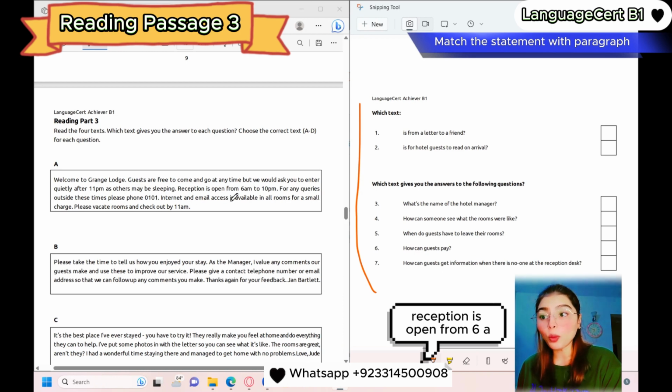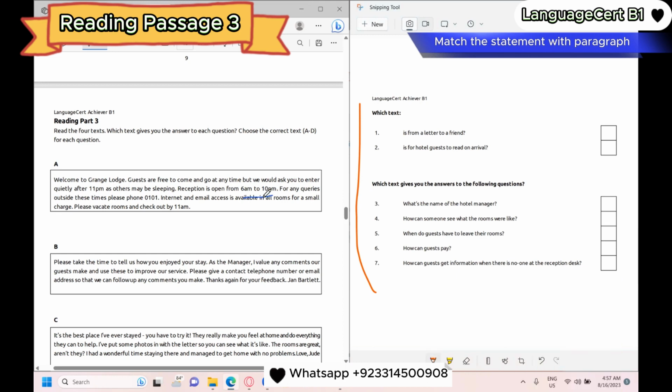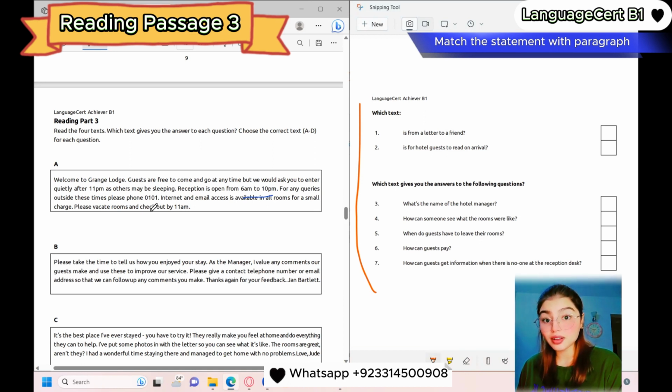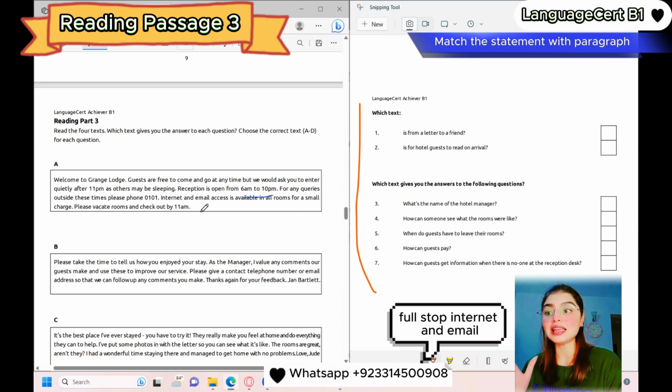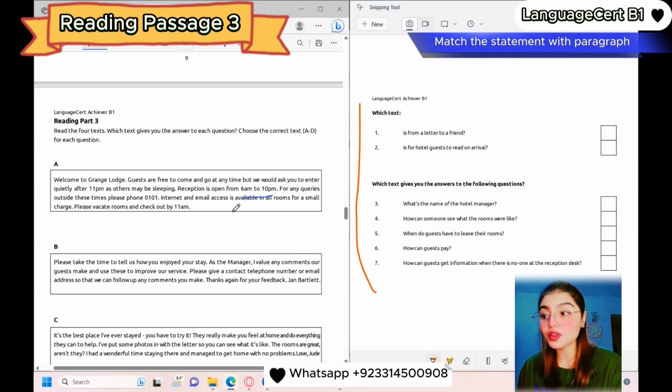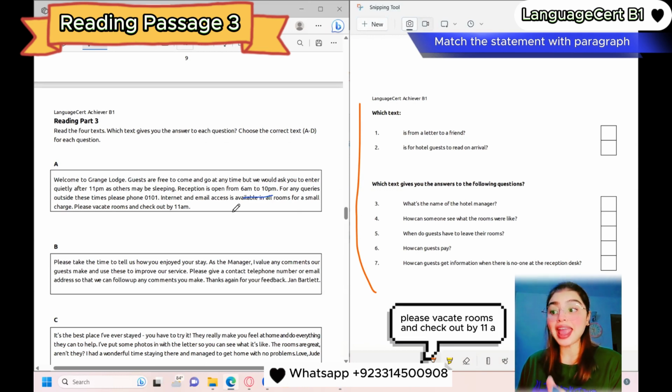Reception is open from 6 a.m. to 10 p.m. For any queries outside these times, please phone 0101. Internet and email access is available in all rooms for a small charge. Please vacate rooms and check out by 11 a.m. Vacate means to leave the rooms.